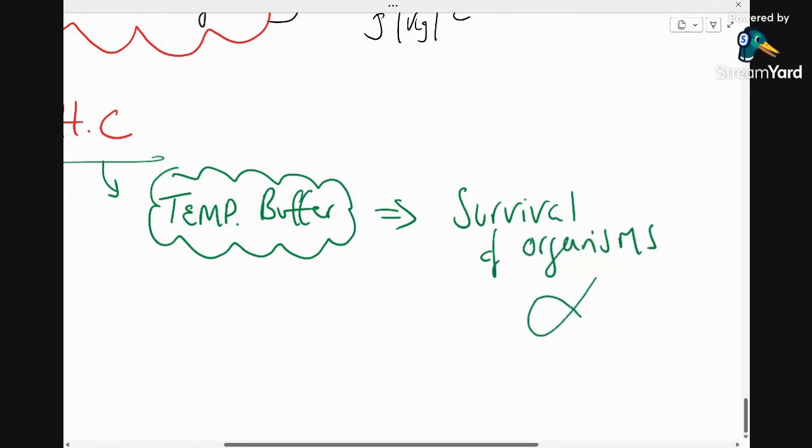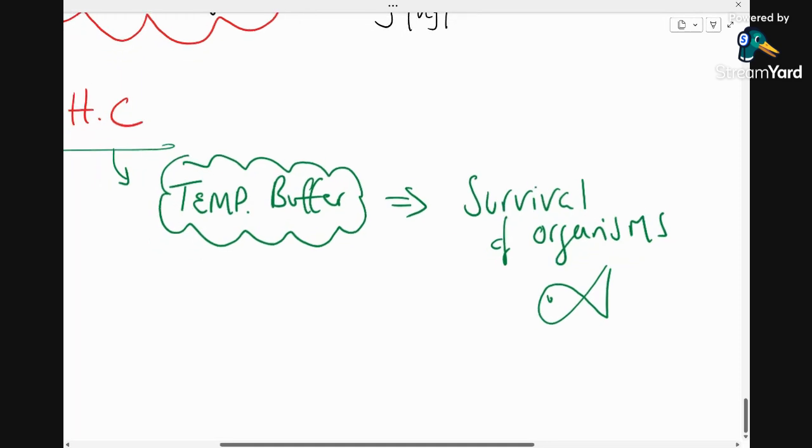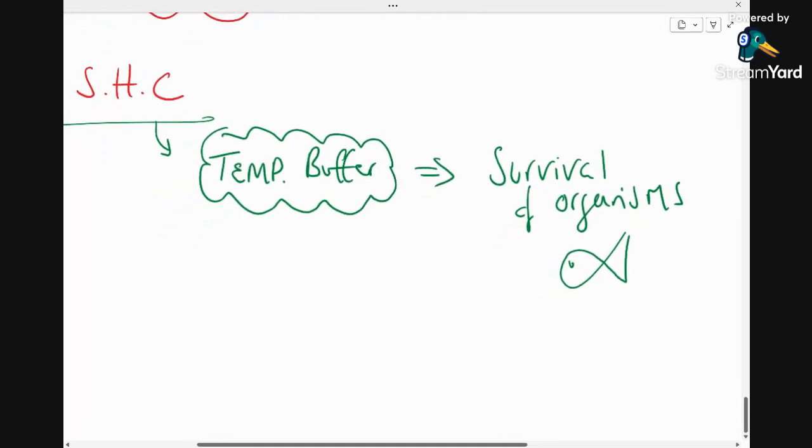Things like fish in a pond. The temperature in their local environment is not going to change very much when the sun comes out in the morning. If water had a very low specific heat capacity, then when the sun came out for an hour or two, the pond would heat up, possibly too much. So we'd have too much heat, and therefore the fish would die.